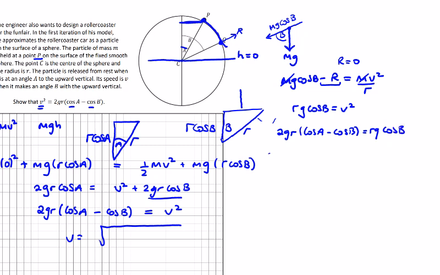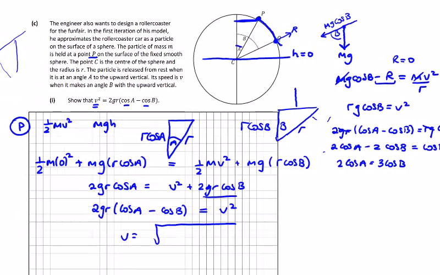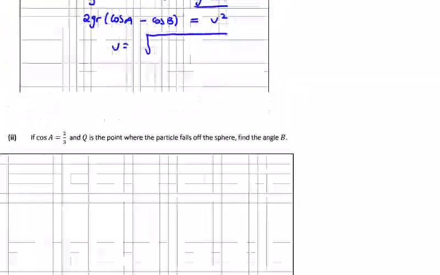We can divide by rg, and then we'll just multiply it out. 2 cos A minus 2 cos B is equal to 1 cos B. So if I bring the 2 to the right, I'm going to get 2 cos A is equal to 3 cos B. We're given a value for cos of A. What were we given for the value for cos of A?